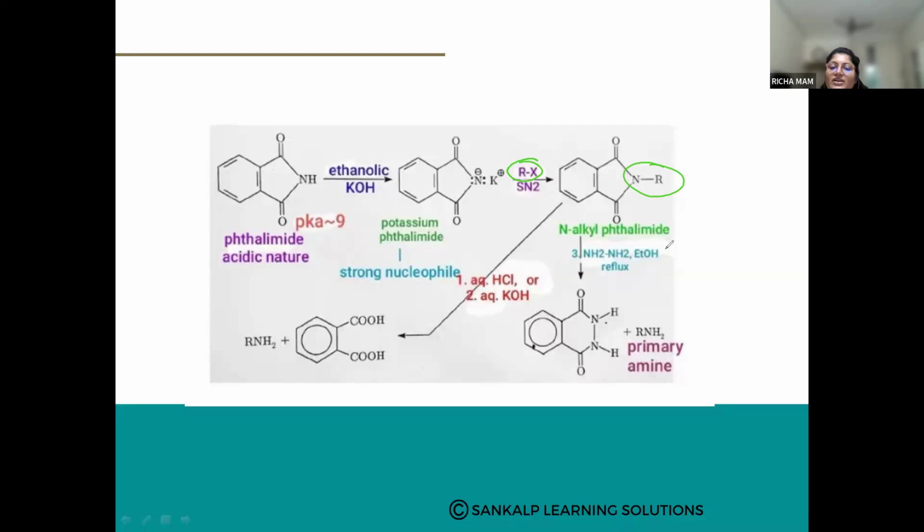When you react this N-alkyl phthalimide with NaOH and reflux it, I get sodium phthalate and primary amines. So this is the reaction. Aromatic primary amines cannot be prepared by this method.